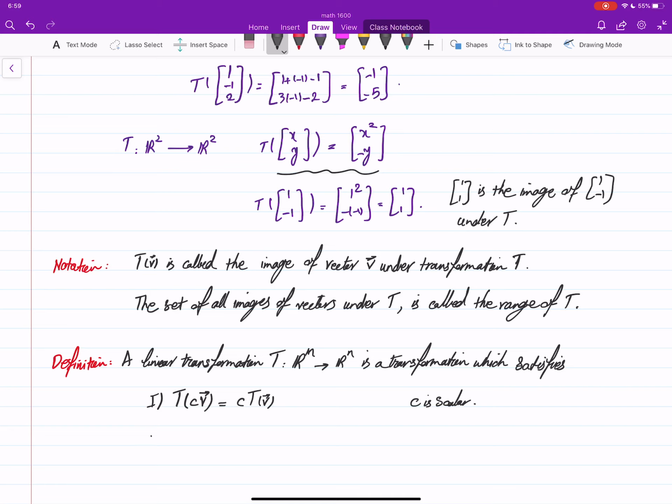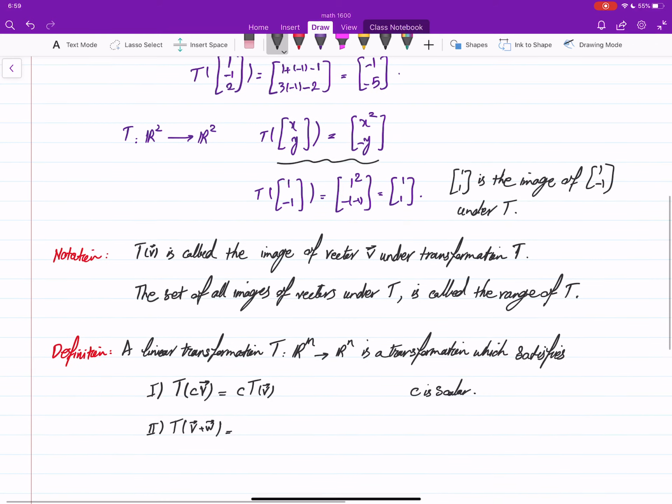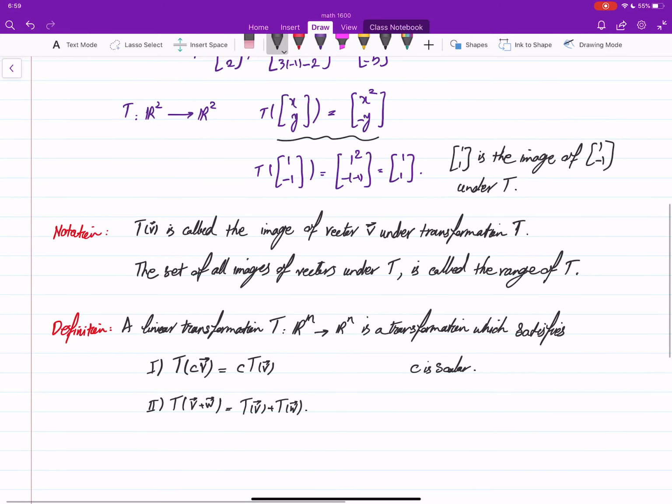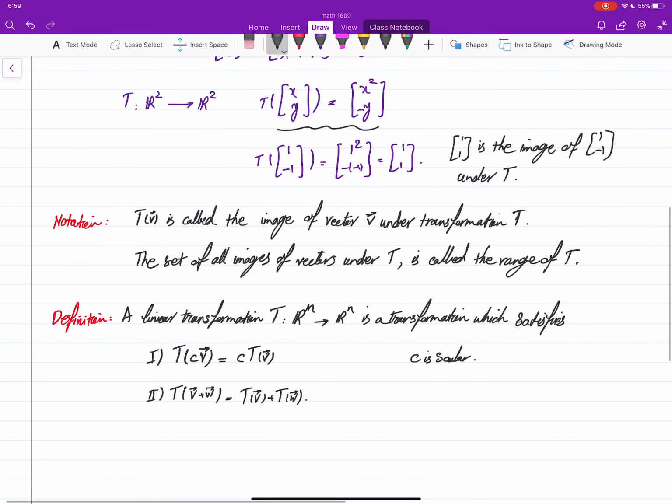And the second condition is that if you add two vectors and find the image under T, that would be equal to the sum of Tv and Tw. So in other words, it respects scalar multiplication and it respects vector addition.